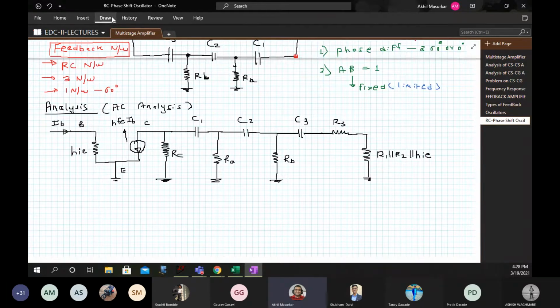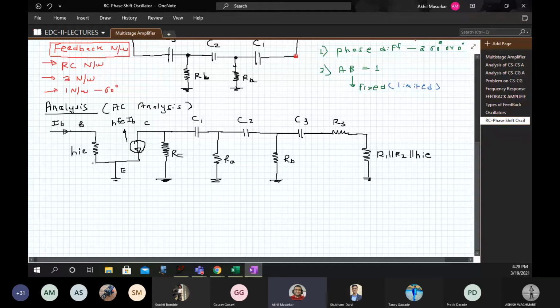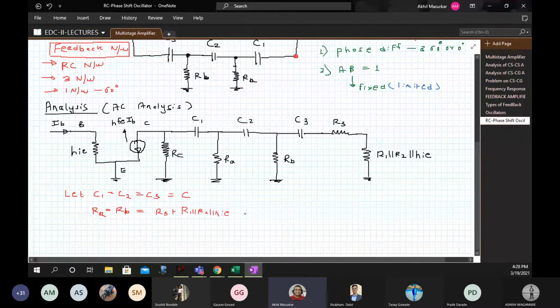Now certain assumptions we will make in this analysis: let C1 equal C2 equal C3 equal capital C, and RA equal RB equal R3 plus R1 parallel to R2 parallel to HIE.